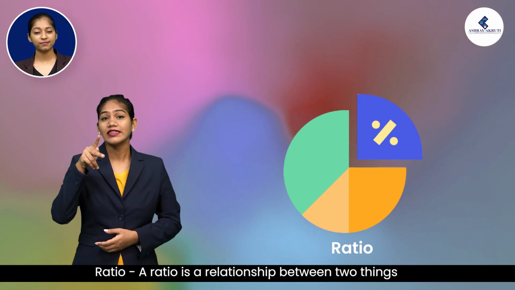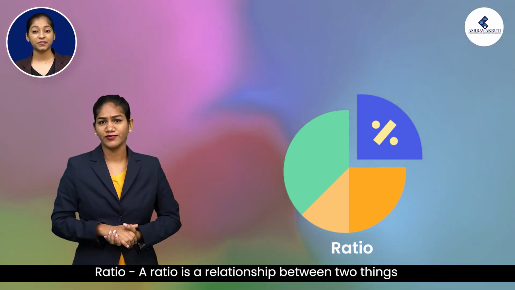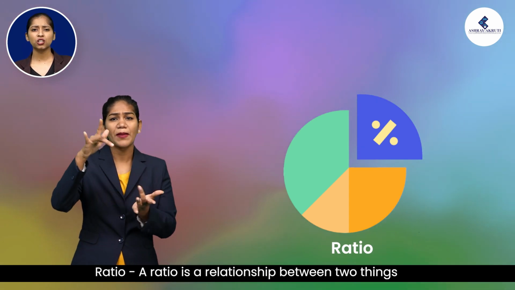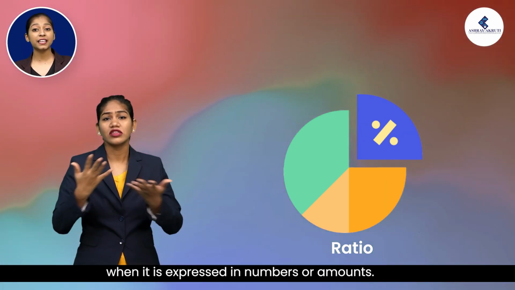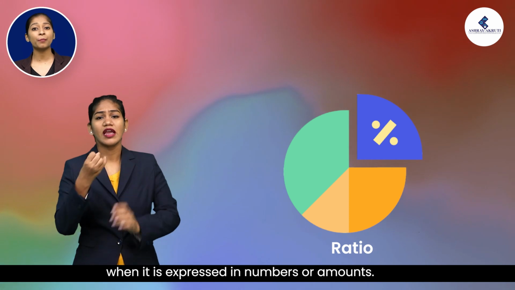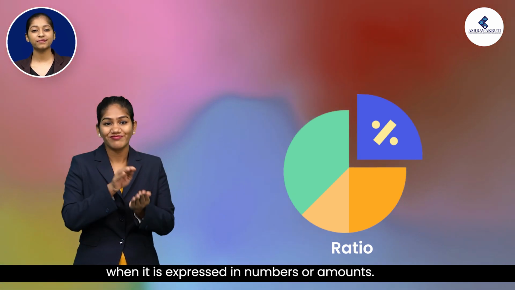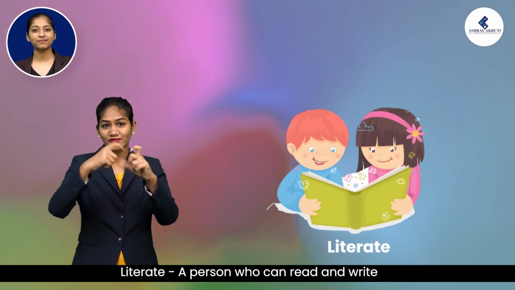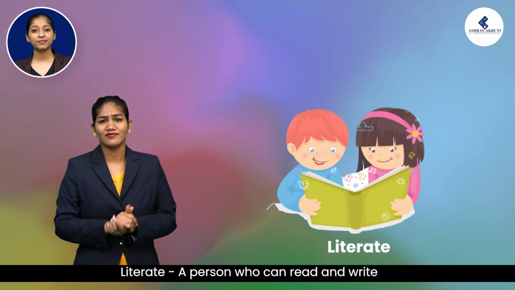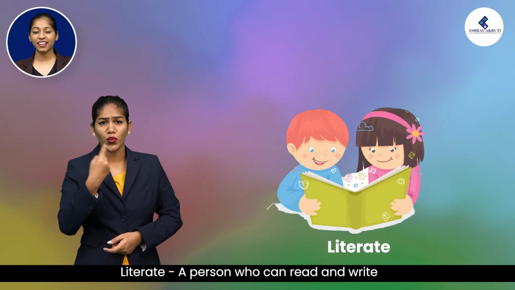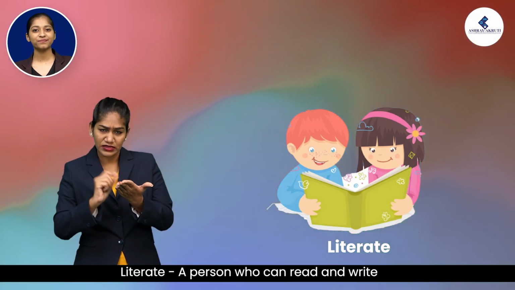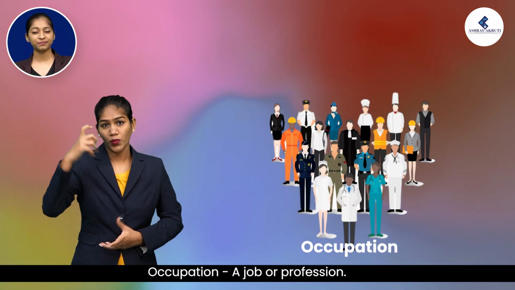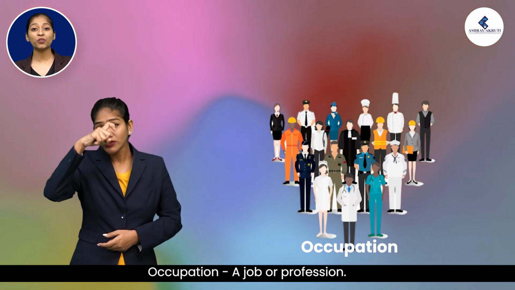Ratio: a relationship between two things when it is expressed in numbers or amounts. Literate: a person who can read and write. Occupation: a job or profession.